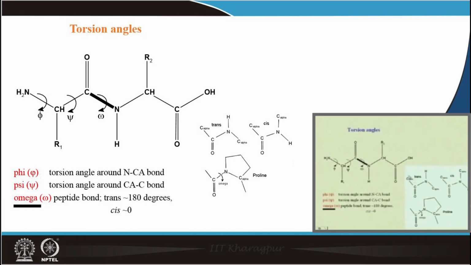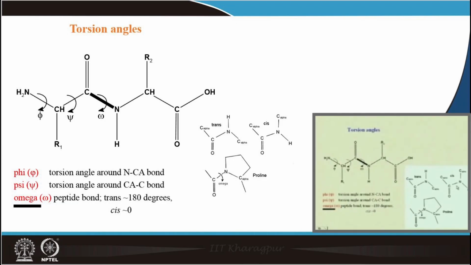So if this is R1 and this is R2, what sort of orientation is this? Trans. Right? If I rotate above the peptide bond, what can I have this become? Cis. Is that clear? So normally you can have a trans. In very rare cases you have cis.